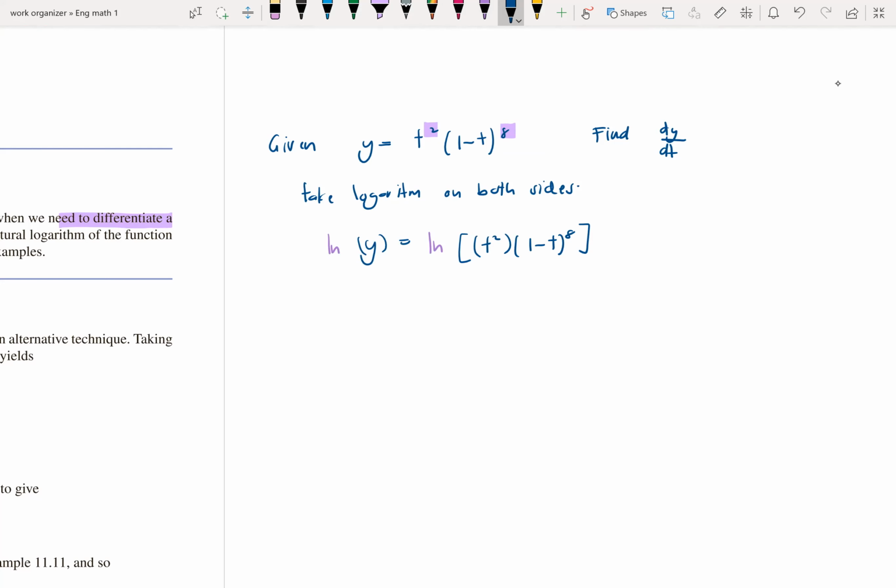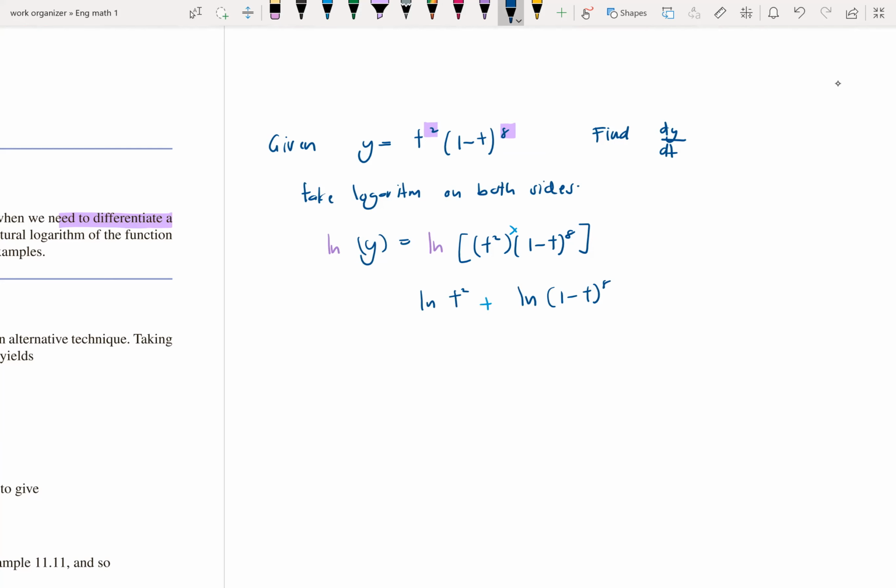For the logarithm laws, this one is a product, which is multiplication. So we can convert it into addition. Basically it will become ln t squared plus ln (1 minus t) to the power of 8.